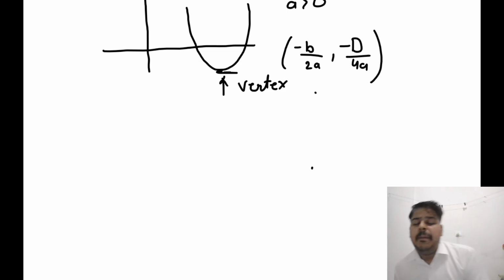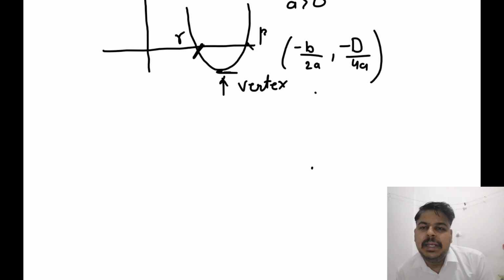All these things can be proved in this topic also. These are proved using the quadratic formula, that is ax square plus bx plus c. But here we only talk about the two roots, alpha and beta.